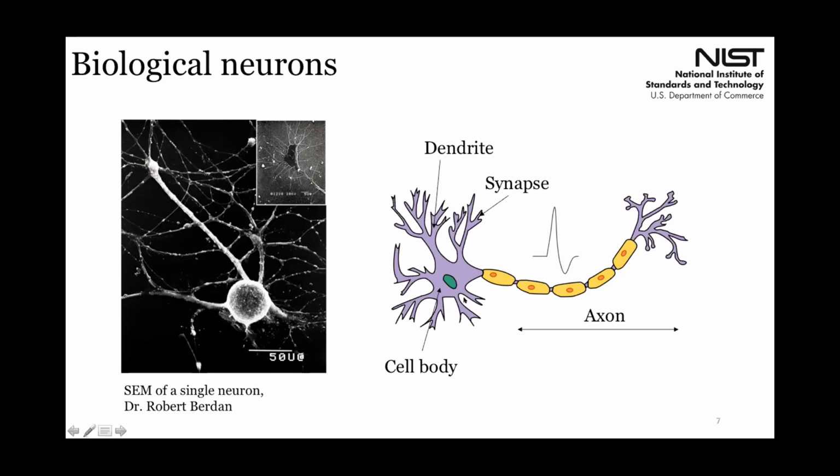When that voltage exceeds a threshold, the neuron will fire a voltage spike that travels down the axon, and then it can connect to, like I said, thousands of other neurons at synapses, which weight that voltage pulse. And then the downstream neurons will integrate all the voltage pulses that they receive from upstream neurons, and then decide whether that exceeds the threshold, and if so, they'll fire their own voltage spike. So that's the very simple integrate-and-fire model of a neuron.